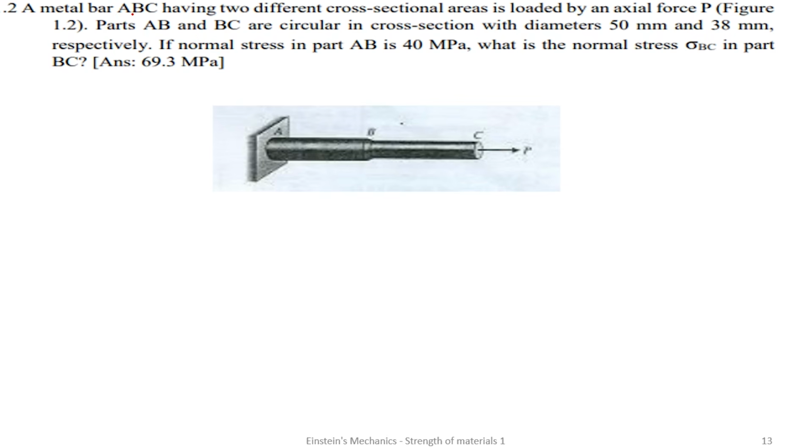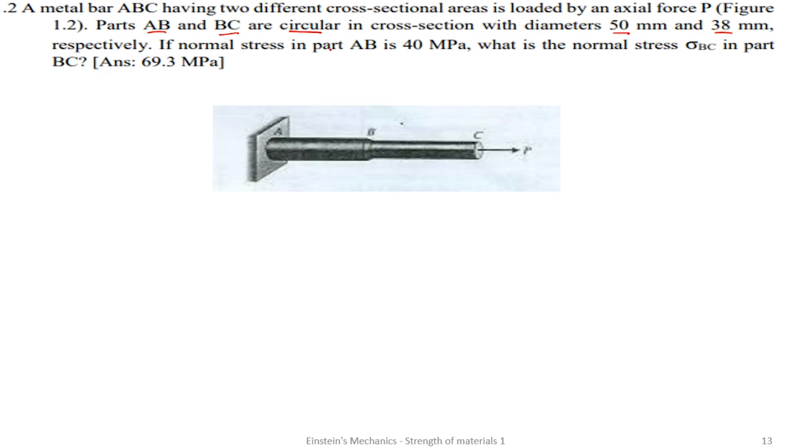A metal bar ABC, this is ABC, having two different cross-sectional areas is loaded by an axial force P. The figure shows the parts AB and BC are circular. So anything we are going to do, we assume what? A circular part. Circular in cross section with diameters 50 mm and 38 mm respectively.